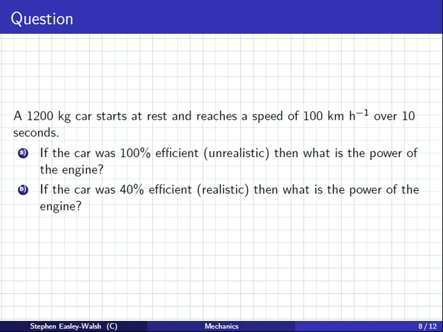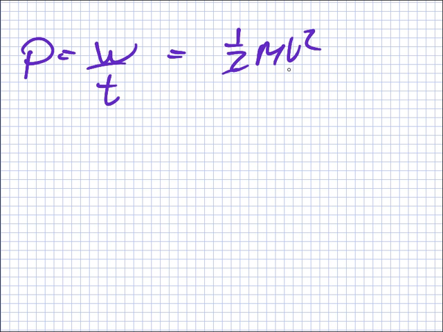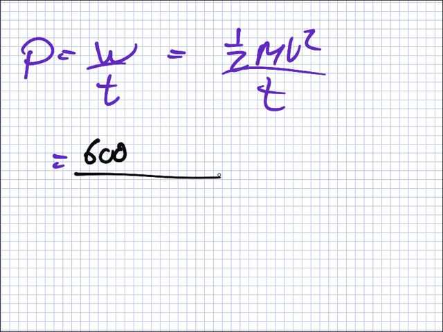Did you get the first part? Teacher, can you detail the first? Yeah, okay, look, let's look at the first part here. For the first part, power equals work over time, right? That's a half mv squared over t. What's a half the mass? 600. And the time? 10.